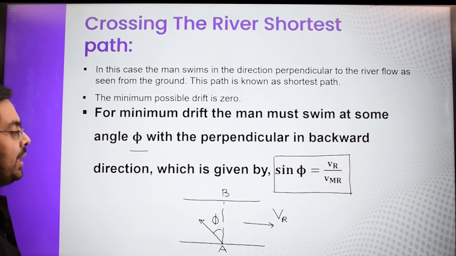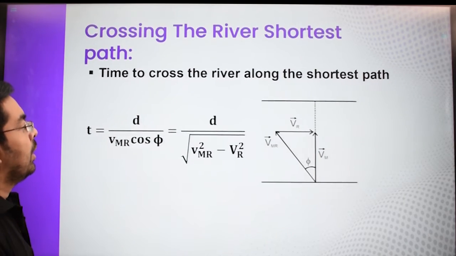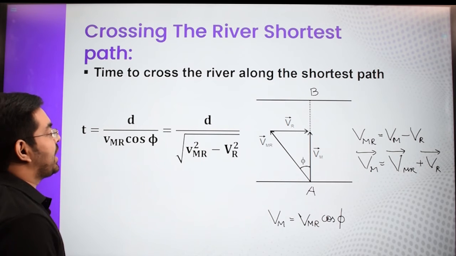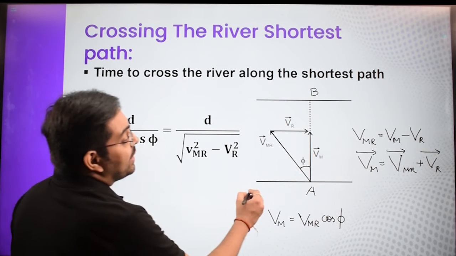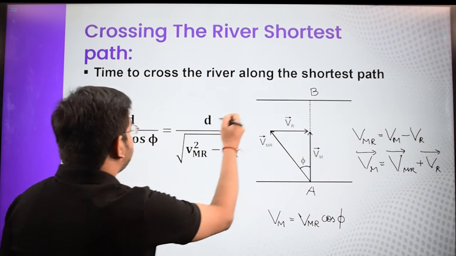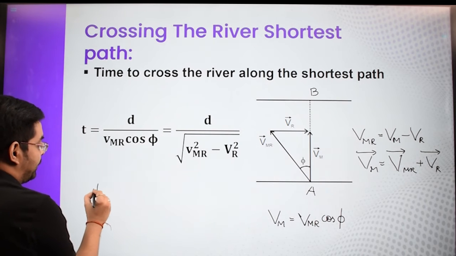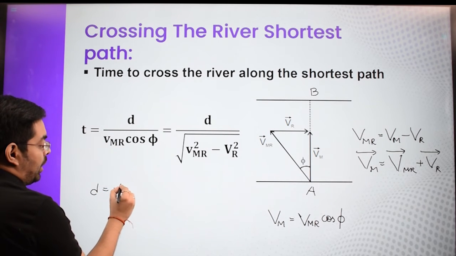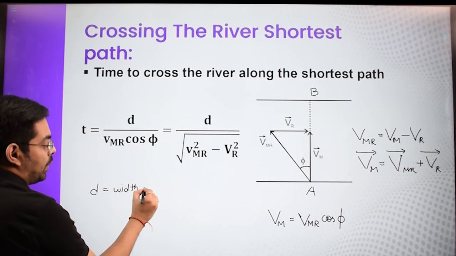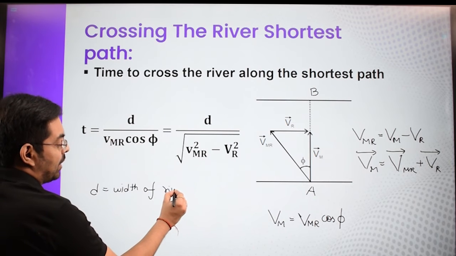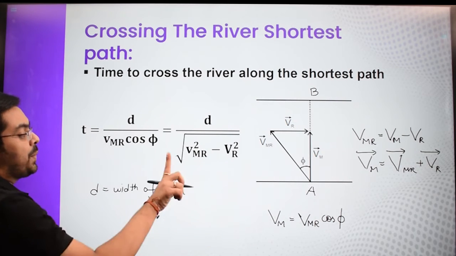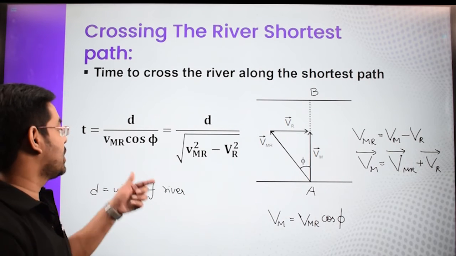okay, so we can calculate the time in which the man can cross the river. So if width is d, d is here the width of river, and the velocity which is taking him across the river is how much?